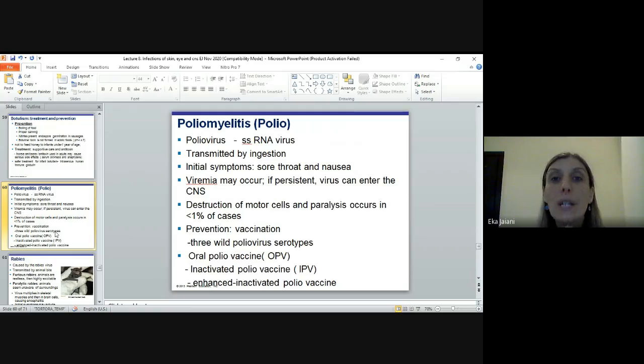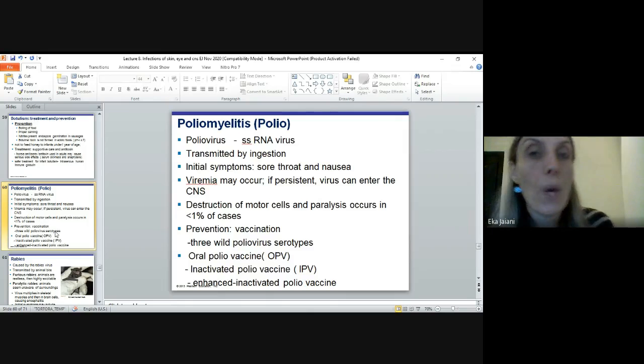Actually, poliovirus infects motor neurons in the anterior horn of the spinal cord, and it kills these motor neurons, and paralysis develops. It doesn't mean that all poliovirus infections really lead to paralysis. The majority of infections are asymptomatic. There can be other symptoms as well.